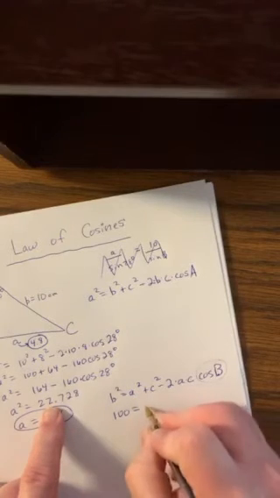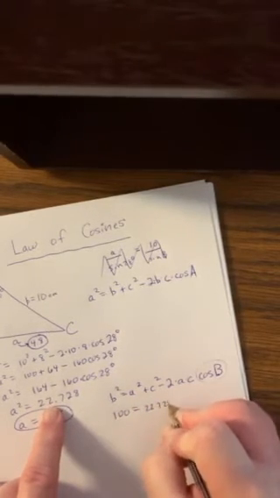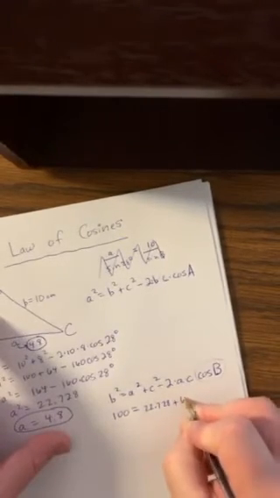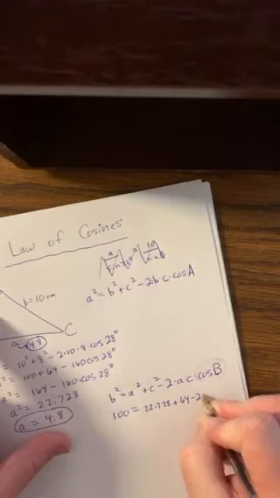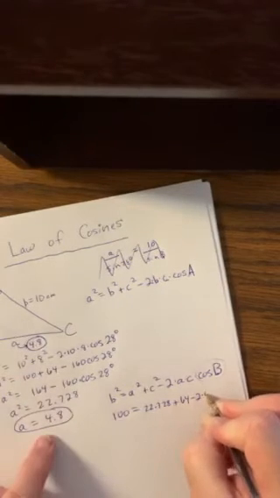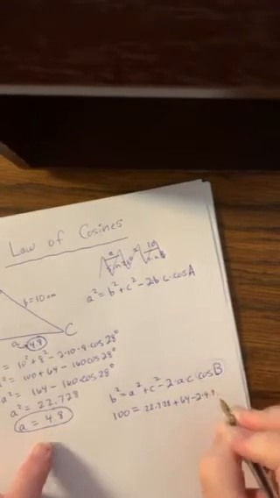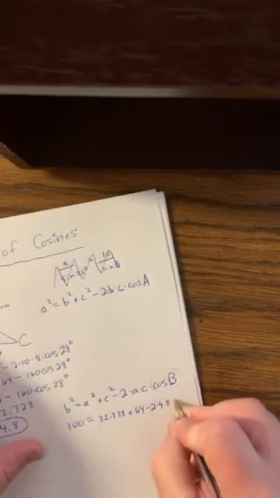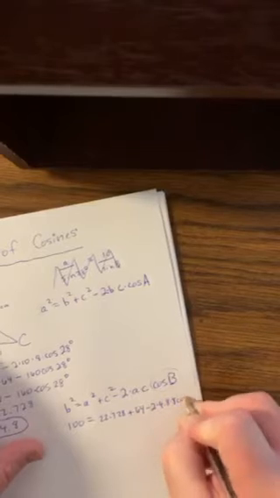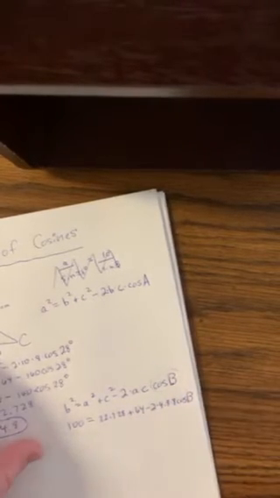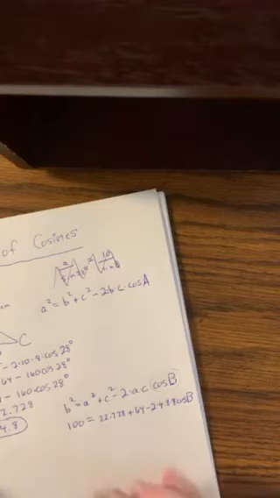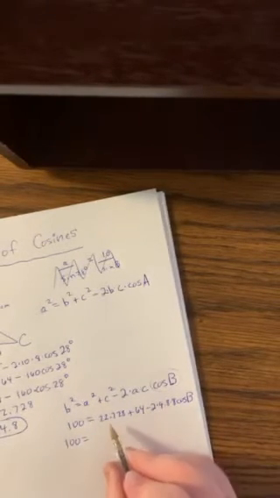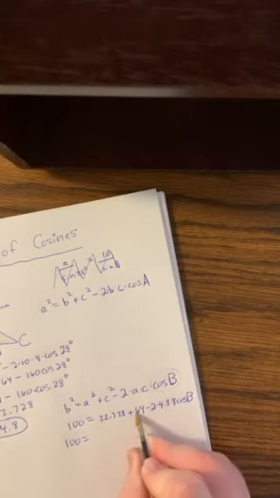So a squared is 22.728 plus c squared, which is 64, minus 2 times a, which is 4.8, times c, which is 8, times the cosine of angle B, which is my unknown.